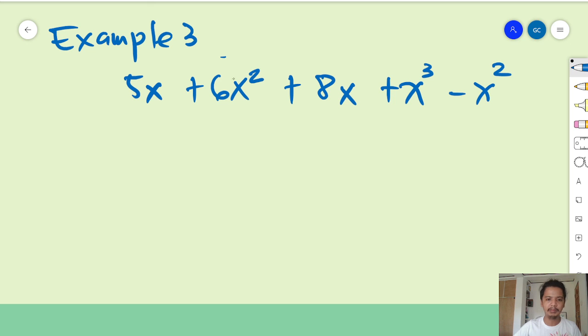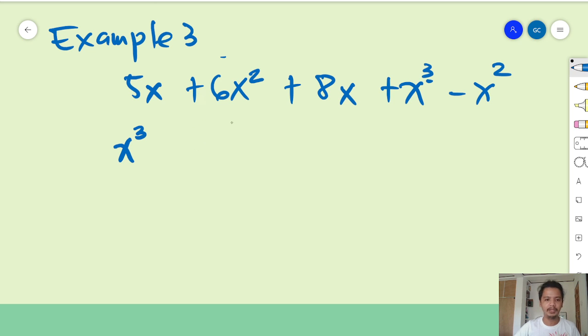Dito, ang pinakamataas na exponent ay itong 3. So, susulat ko lang yung term na yan as x cubed. Ingat lang kapag naglilipat tayo ng mga bagay-bagay, always make sure na kinokopya nyo yung sign na ginamit sa problem.